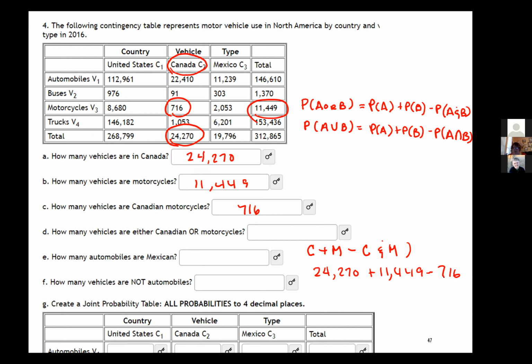So you take the total number of motorcycles, add the total number of Canadian vehicles, and subtract off the 716. So whatever that is. We could take our handy dandy calculator out and figure it out. I get 35,003.